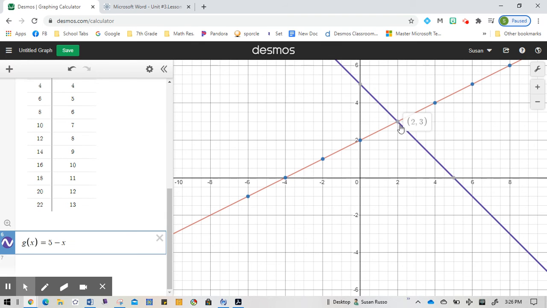When I do that, I can see right away, there's where they intersect. And again, if I click on that point, it tells me they intersect at the point 2, 3. Again, on the $100 graphing calculator, it takes a lot of work to get a point of intersection. Desmos, just touch it and it's right there.